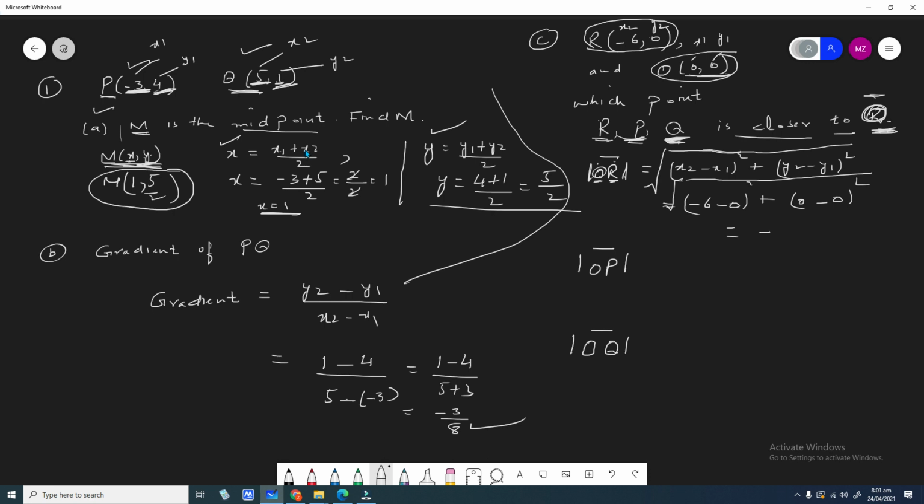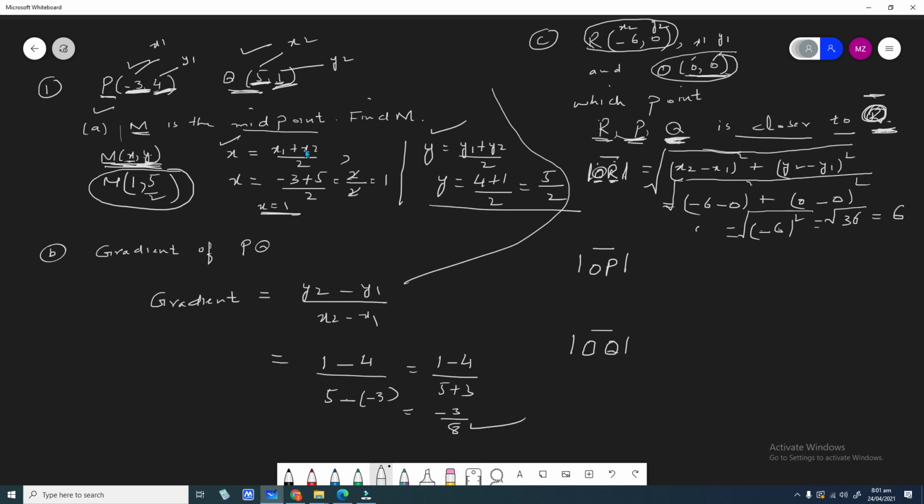So this is minus 6 whole square under root, and 0 minus 0 square means nothing, 0 square is equal to 0. And this is minus 6 square which becomes 36, and the square root of 36 is 6.